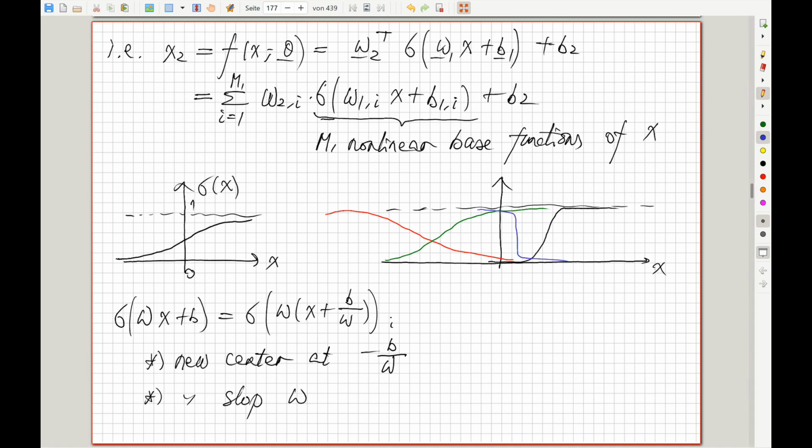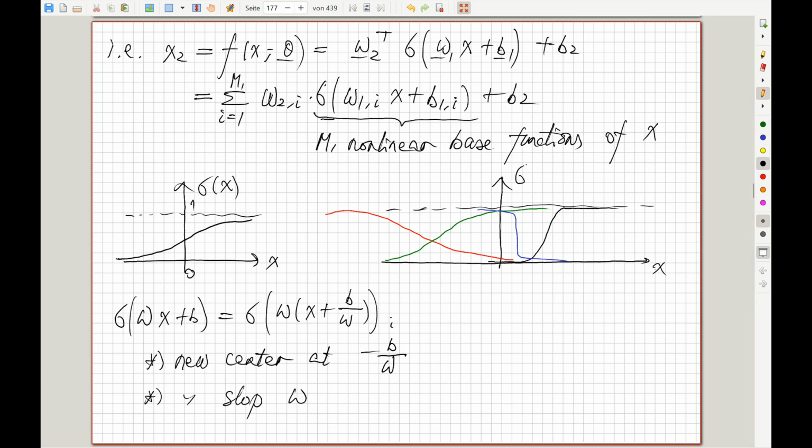And you can imagine we have a large number of different base functions, all of the same shape, the sigma activation function, but with totally different slopes and different offsets. And at the end, when we compute the linear combination of all these base functions, then we can approximate any given nonlinear relationship by using this linear combination.